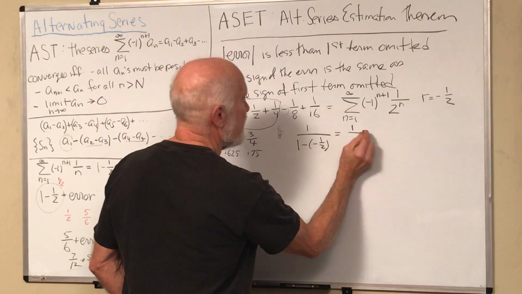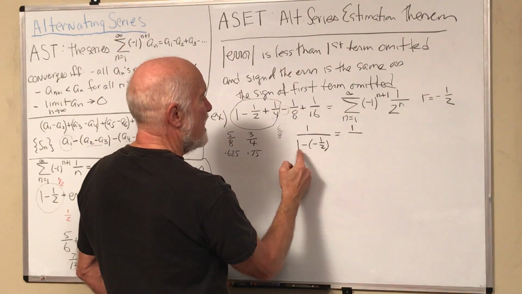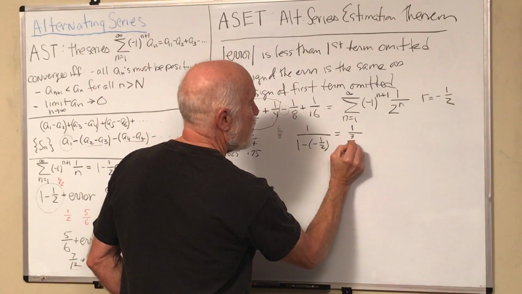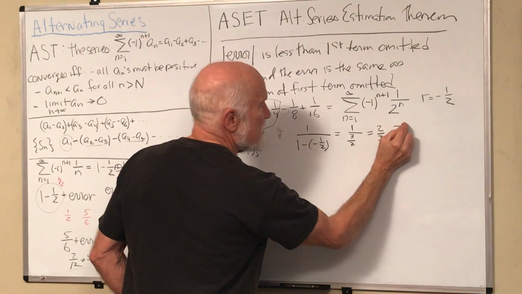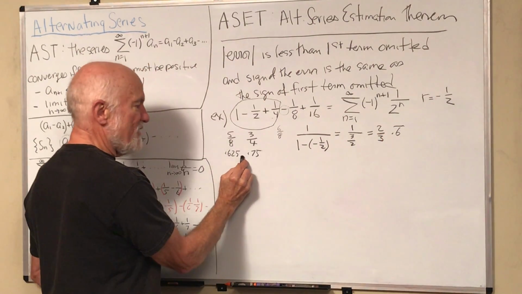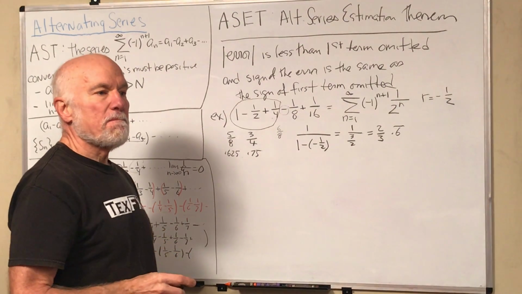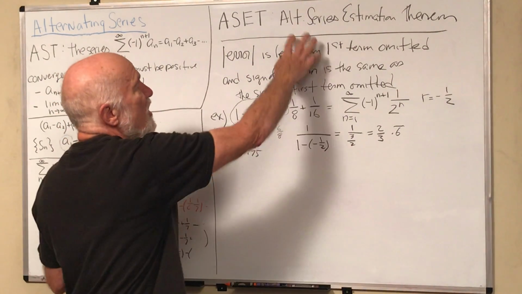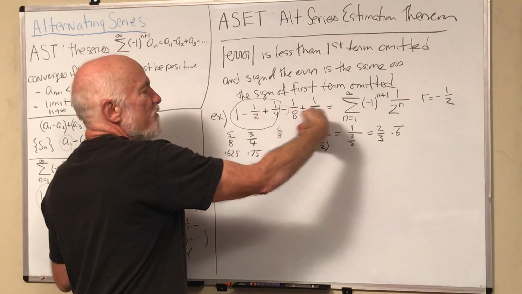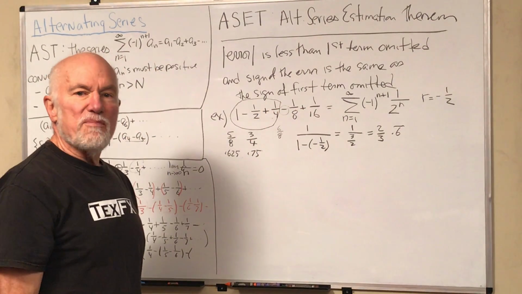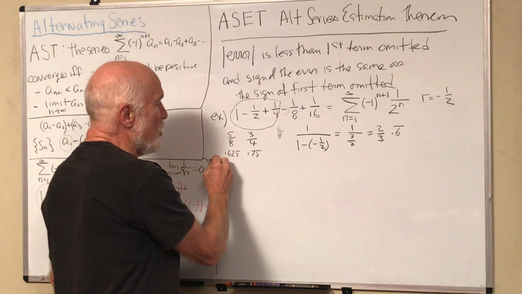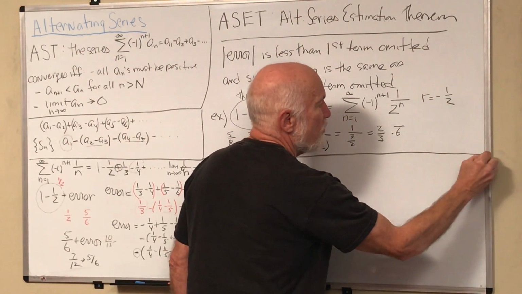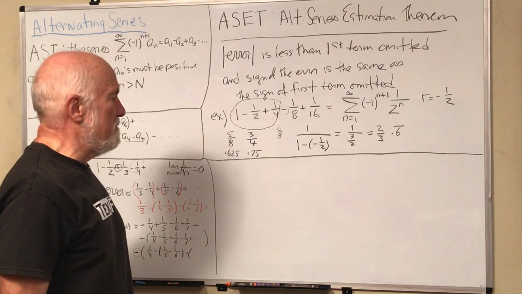So you get 1 over 3/2 or 2/3, which is 0.6 repeating. And that definitely is in between there. So obviously you wouldn't use the alternating series theorem for a geometric series, but geometric series are about the only kind that we really know a formula to find the exact sum.